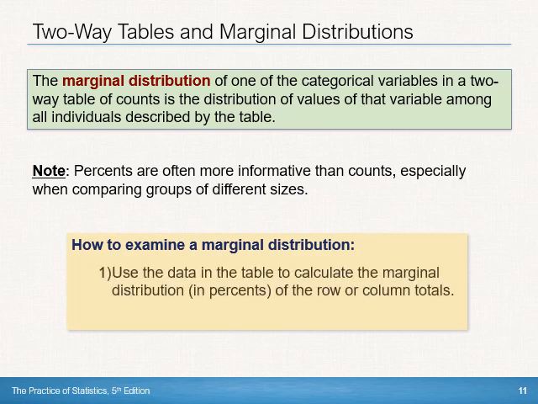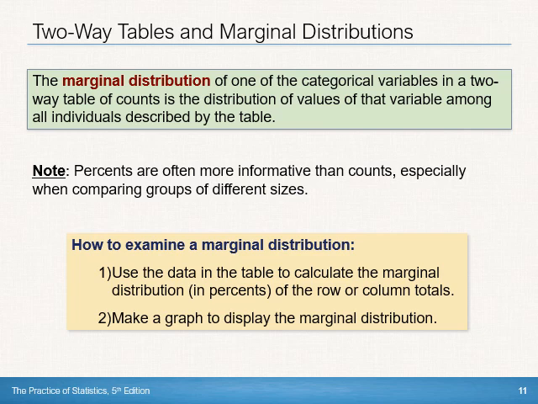All right, so how do we do this? We use the data in the table to calculate the marginal distribution. Again, in this case, we want to say percents of the row or the columns, depending on what we want to look at. Then we make a graph to display those marginal distributions.